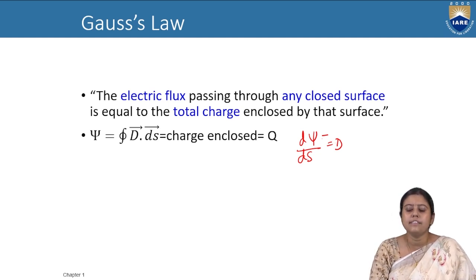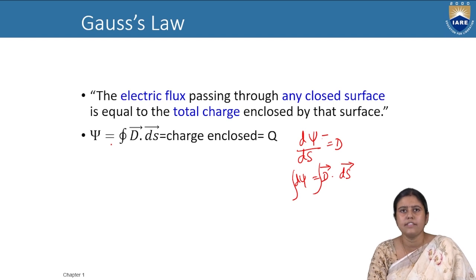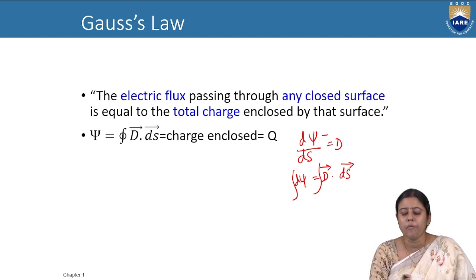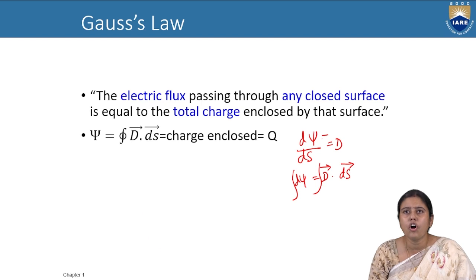So psi is equal to D, which is a vector, dot dS. If we integrate both sides, we get the total flux, and the total flux is equal to the total charge Q enclosed in a closed path. This is known as Gauss law.